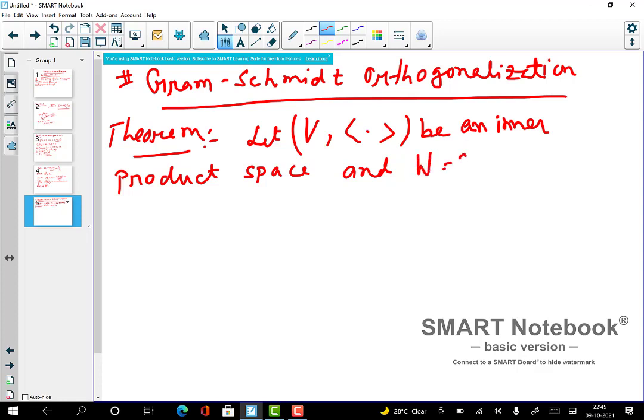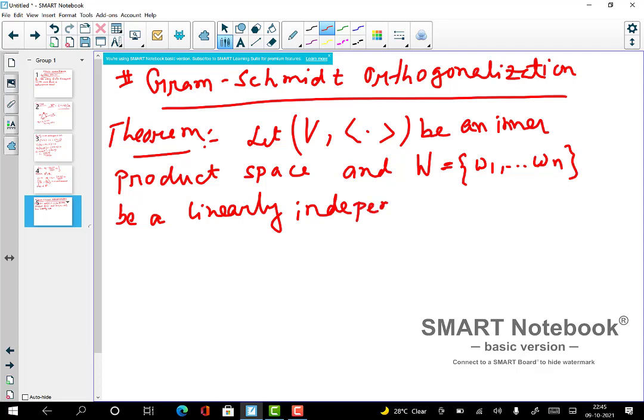So let W be W1, something, say, Wn, a linearly independent subset of V. Suppose W is a subset of V which is linearly independent, right?